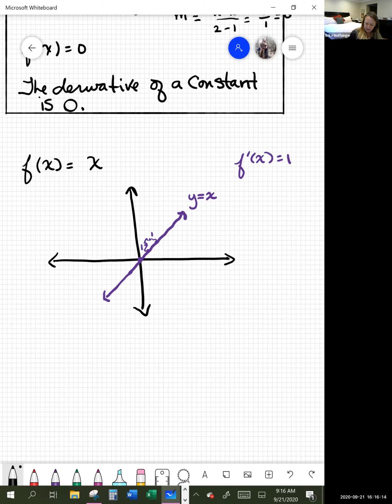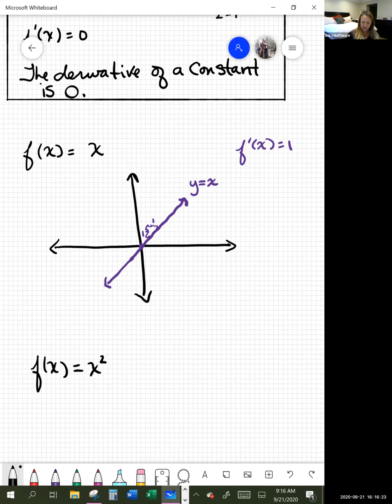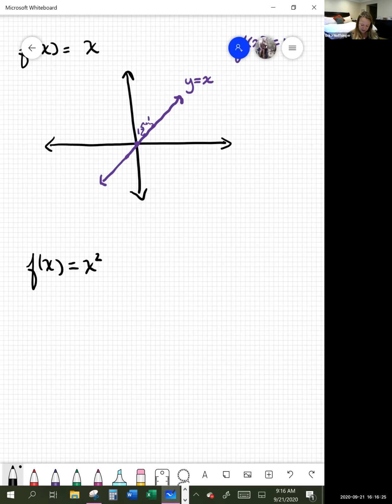What about f of x equals x squared? That one's a little different because if I looked at the graph of this, it's a parabola, and the rate of change is not the same at every point.